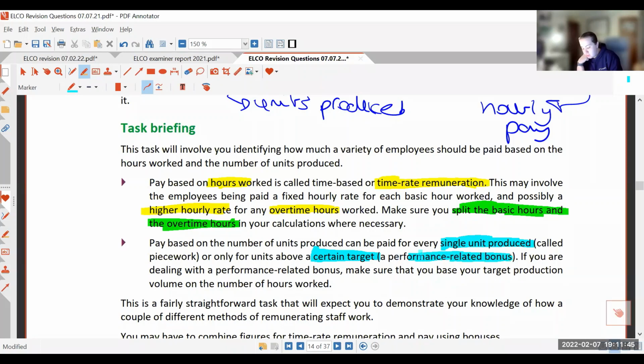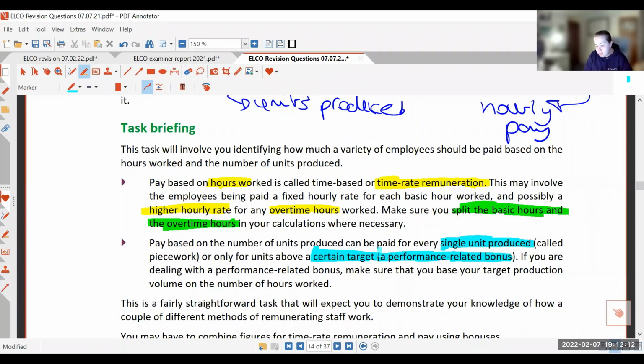And this is something that you might be used to from work, those of you working in a production area job, where you maybe get an extra pound for every extra unit that you produce over a certain level. And again, there are questions related to that in the exam, and we will have a look at some questions like that later on.